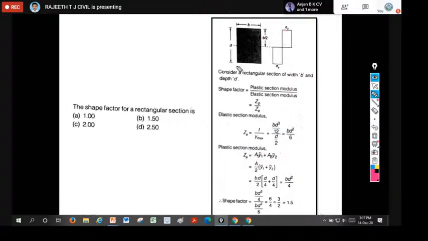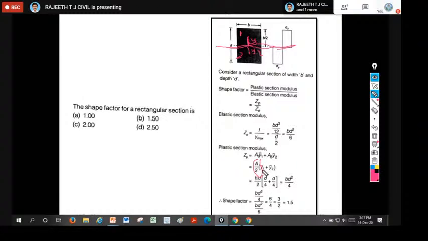ZP means you should take this entire area into two equal parts. Here I have element number 1 and number 2, dividing the total into equal areas, that is A by 2. Multiply with y1 plus y2, where we mark the centroid from this equal area axis. This is y1, and for the bottom, this is y2.